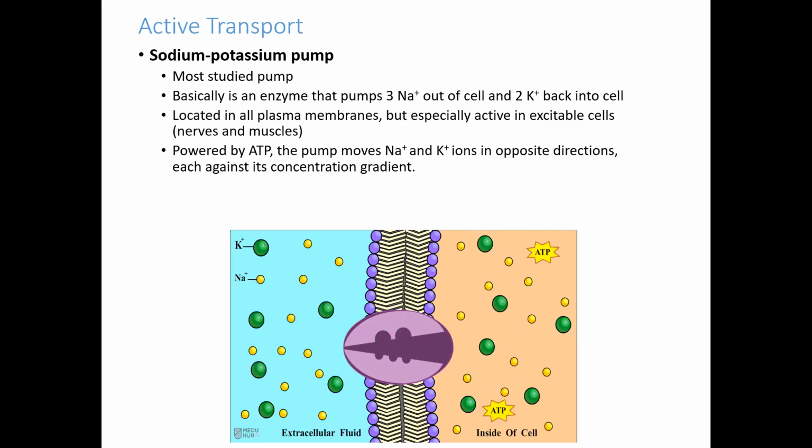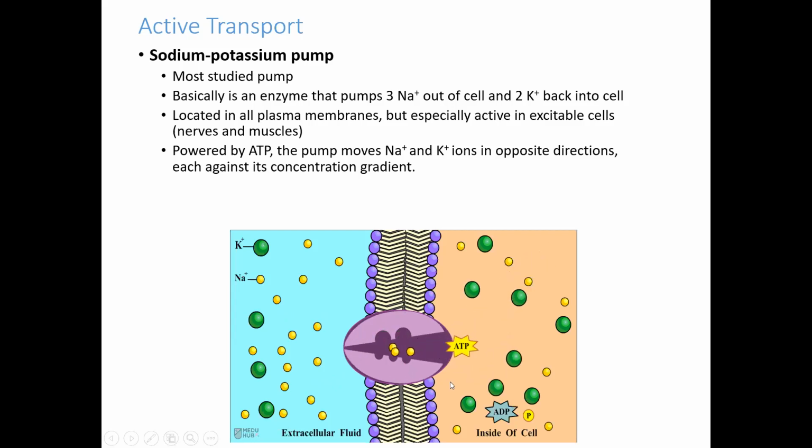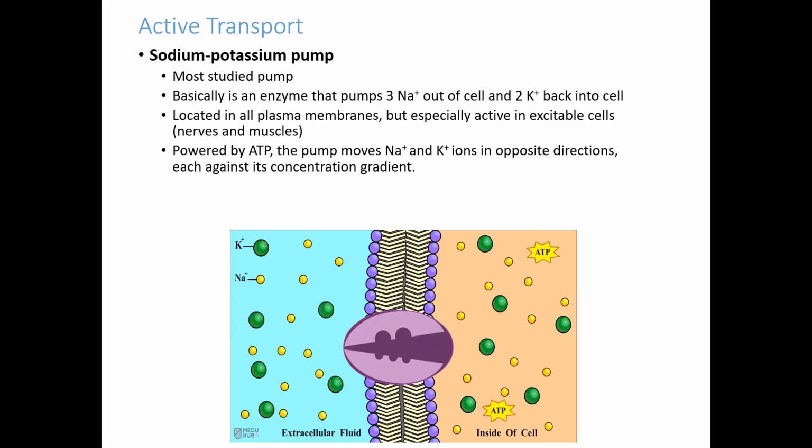Now the pump will change its shape when energy is applied to it. Our normal pump looks like this. It has an opening for 3 sodiums. The little yellow things are sodium. It will hold 3 sodiums that will go into the pump.